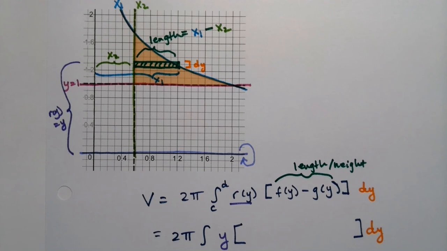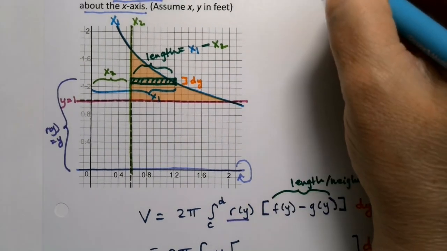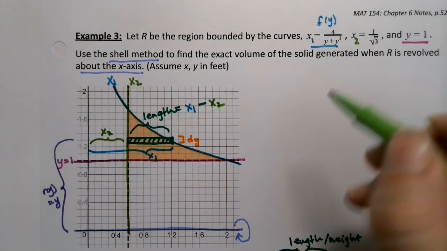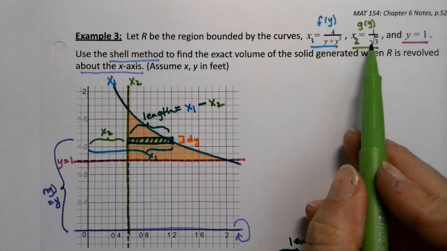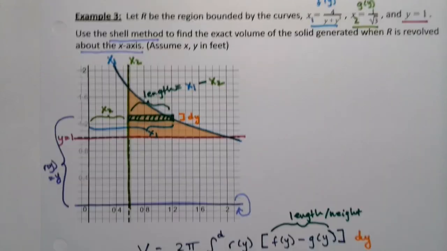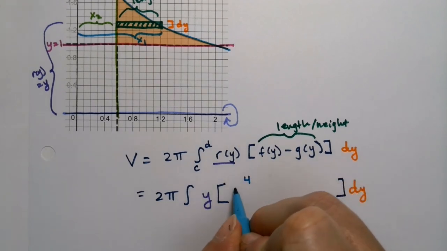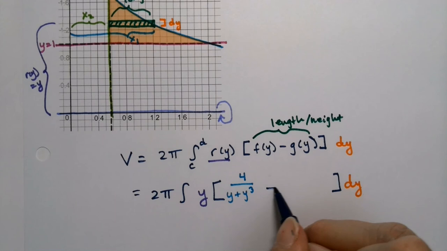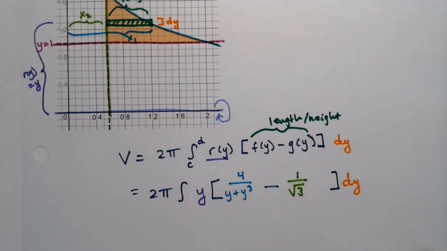If I want to think of it in terms of f of y and g of y, I'm turning x1 into f of y, which is this one right there, and I'm turning this one into g of y right there, because that's the outer and that's the inner for that region. Okay, so I will put that in. So f of y is 4 over y plus y cubed, minus g of y, which was 1 over the square root of 3. That's easy.